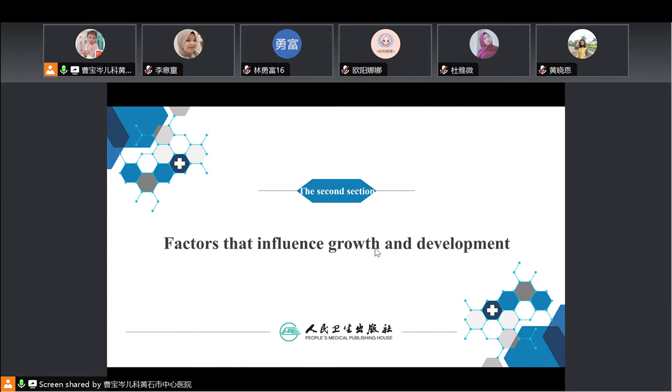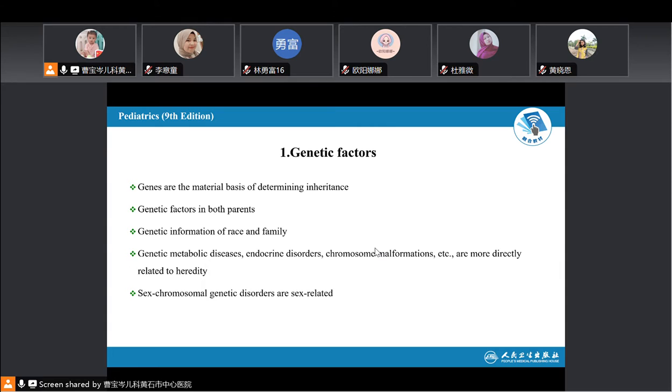The second section is the factors that influence growth and development. One is the genetic factors. Genes are the material basis of determining inheritance.